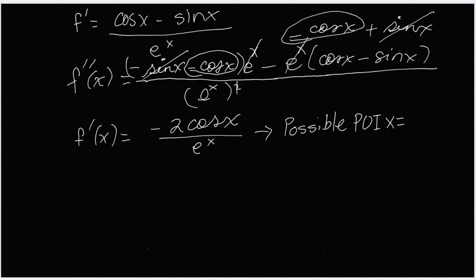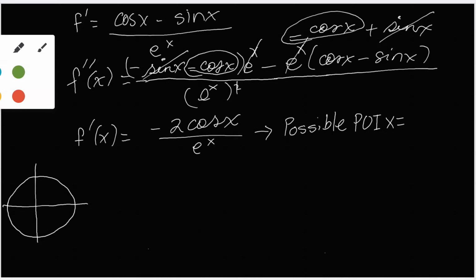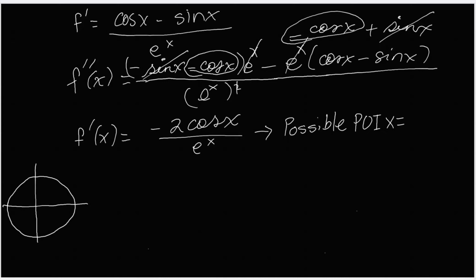Okay, so on a number line, we will look at when cosine of x is 0. Cosine of x is 0 right here at pi over 2, which is within the interval from negative pi to positive pi, or it is here, which we would call negative pi over 2.